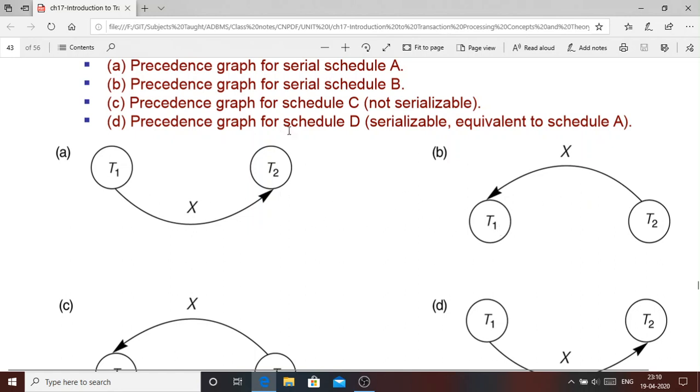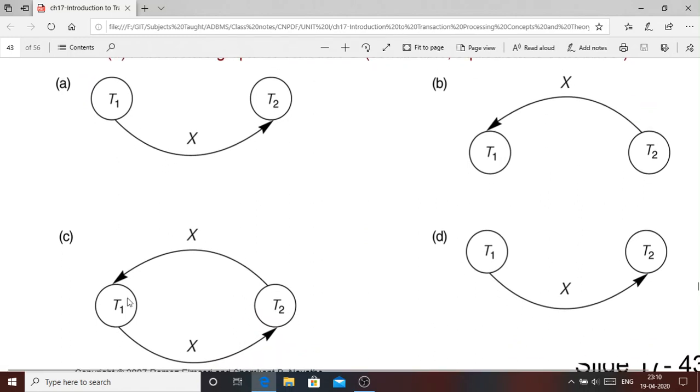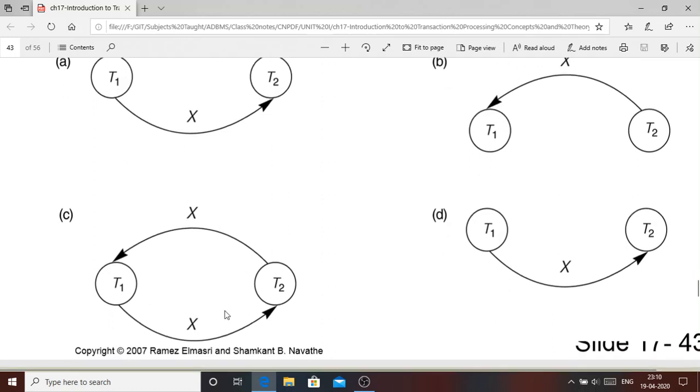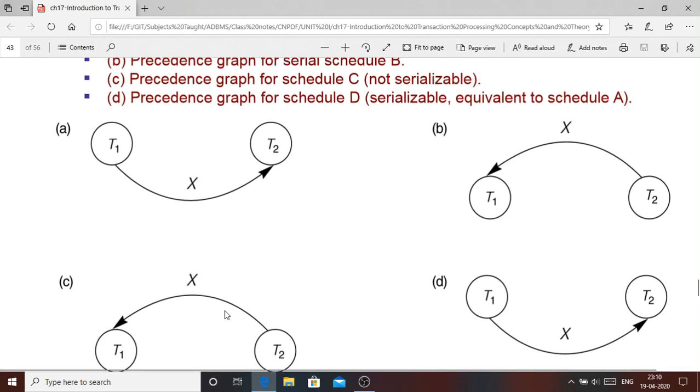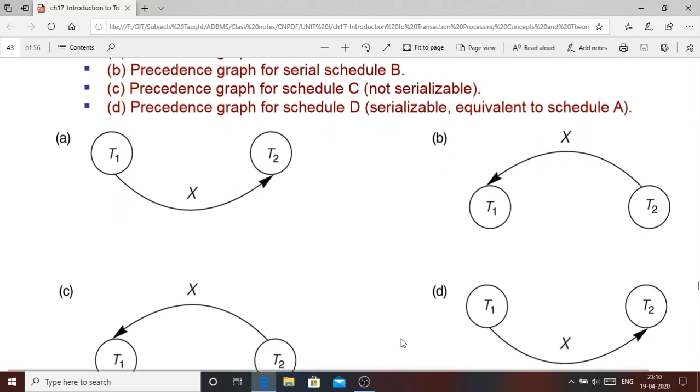The precedence graph for schedule C, which is non-serializable, is basically here. If for schedule C you find a cycle of this sort, then it is non-serializable. And the precedence graph D is for a non-serial schedule, but it is a serializable schedule.